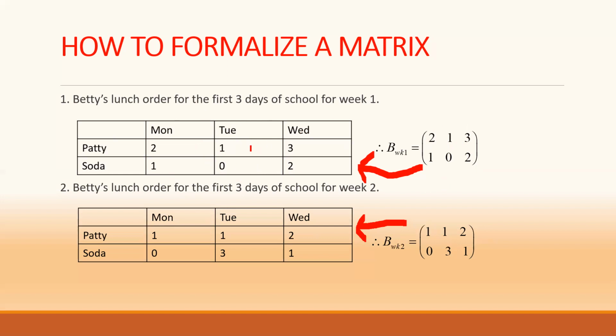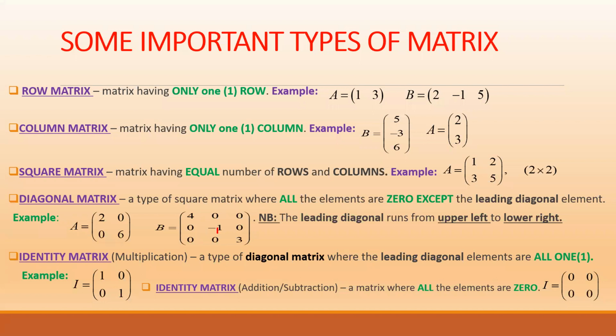Matrix is not pulled from a hat. It was actually formed from real data. For example, data expressed in a table, we could easily translate that to a matrix. For example, B week 1 and B week 2. Okay, guys. So let us now look at some important types of matrix.